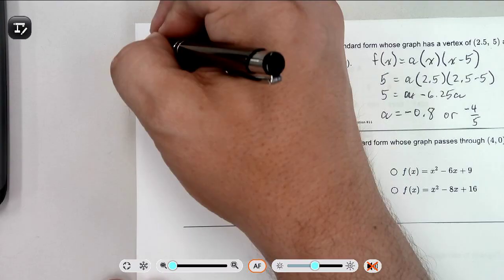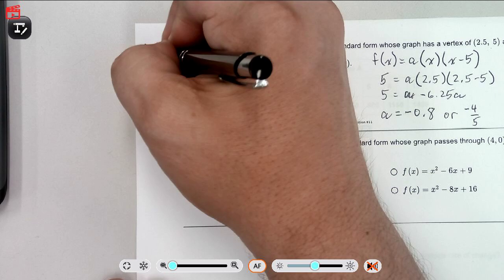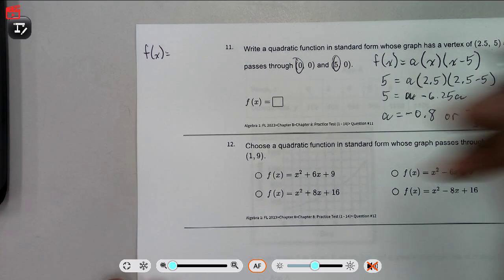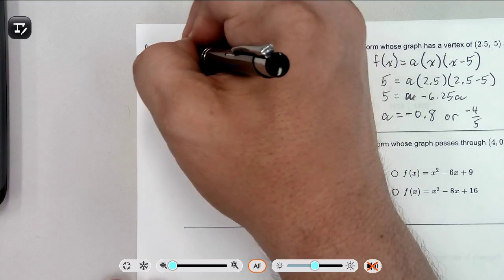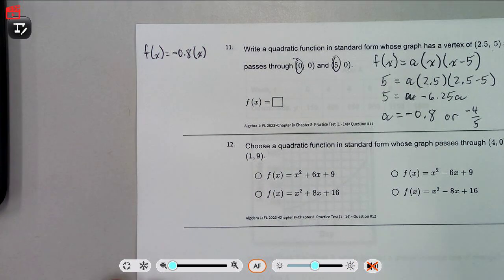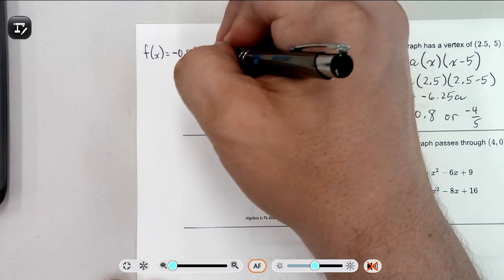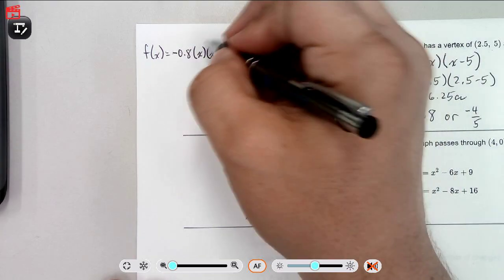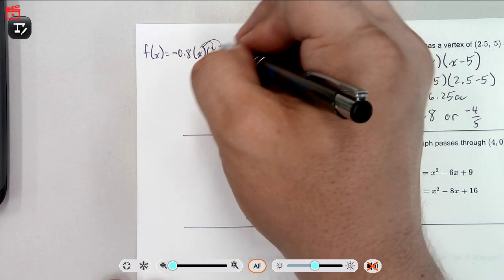So we have f of x equals, we have an a value, negative 0.8 x, and then x minus 5. I'm going to distribute the x first.